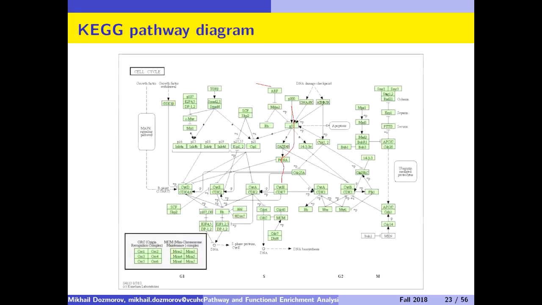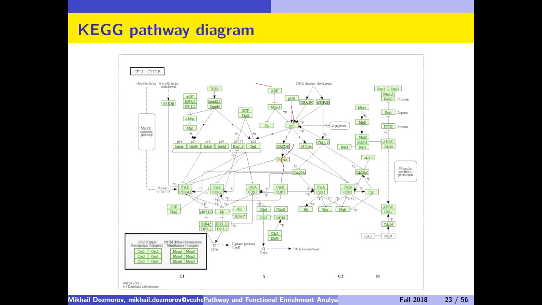This is how a KEGG pathway looks. It doesn't look very fancy. It looks like a set of genes connected together with signaling propagating from up to down. But still, you can see how each gene interacts with and may influence the others. KEGG allows you to overlay your genes on this pathway.